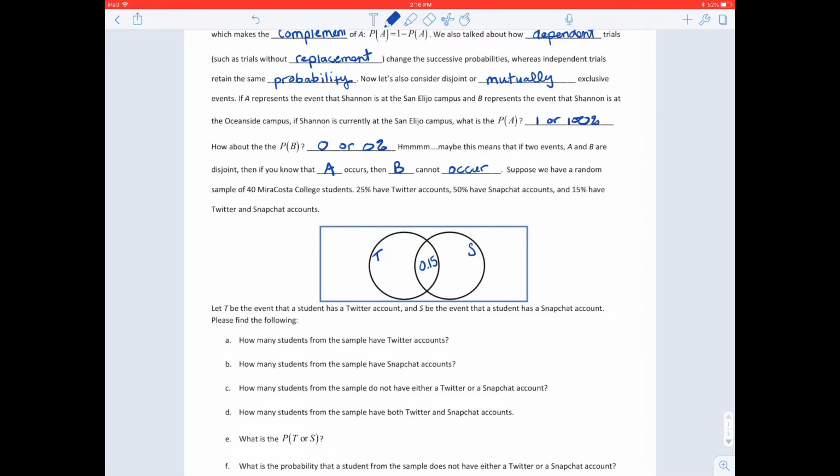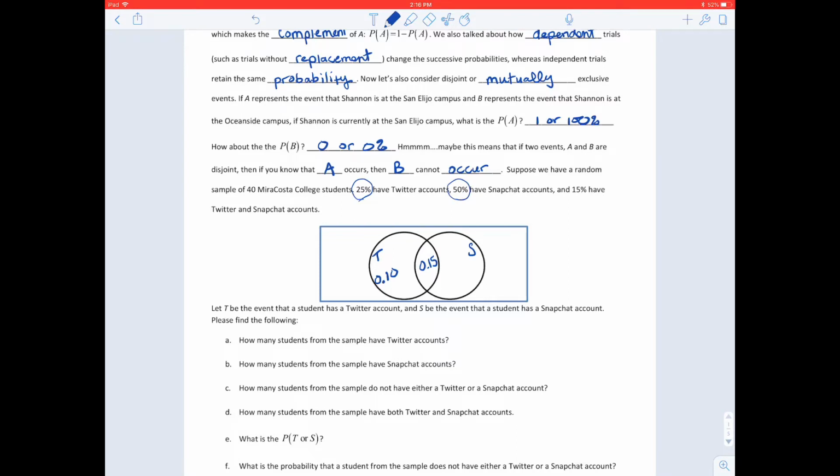Now, I don't want to double count this, okay? Here I'm looking at the fact that 25% have Twitter accounts. Well, I've already accounted for 15%, so over in the circle, it would be 10% or 0.10. Good so far? Now, looking at the Snapchat accounts, we know that 50% have Snapchat accounts.